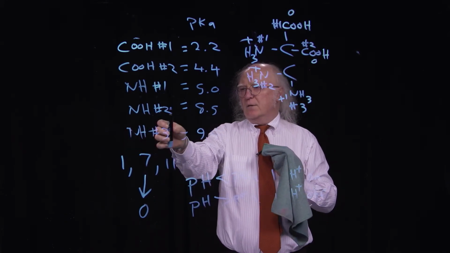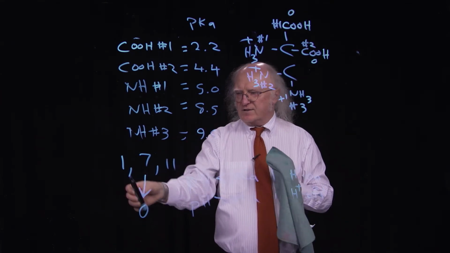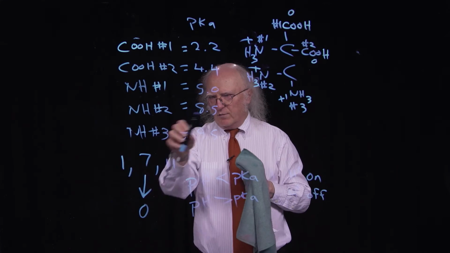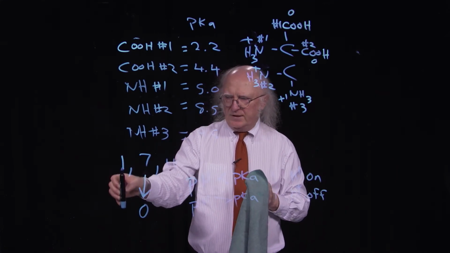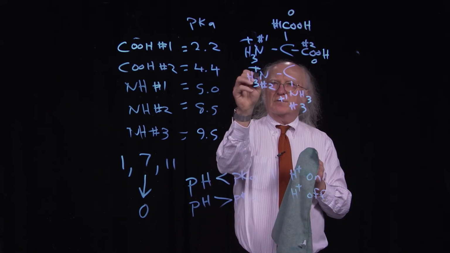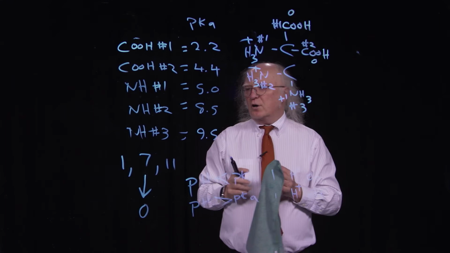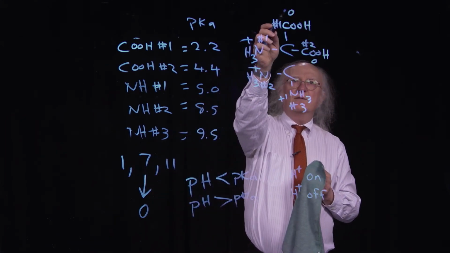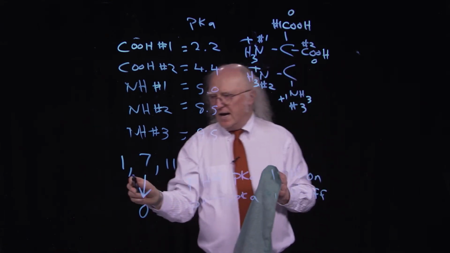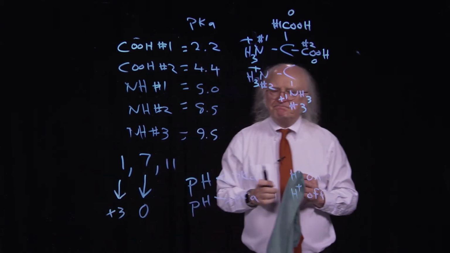Similarly, amine group number 2 has the proton on, amine group number 3 has the proton on because they both have pKa values greater than the pH, so the pH is more than 1 unit below the pKa, and that leaves them with an NH3 plus and an NH3 plus as we see here. The overall charge of the molecule at pH 1 will be 0 plus 0 plus 1 plus 1 plus 1. At pH 1, the overall charge of this molecule will be +3.